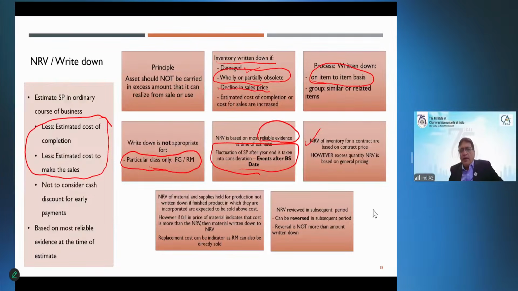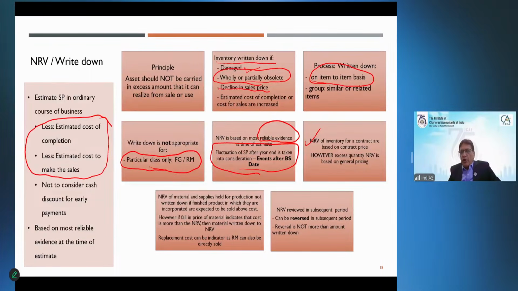There is another point. It says that there is NRV testing for a contracted price. Let us take an example of an OEM. In case of a car, the sub manufacturers or OEM suppliers have a contract for 3 months or 6 months or maybe for 1 month.